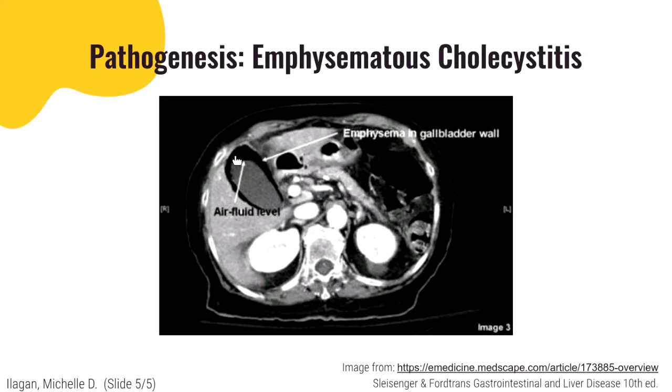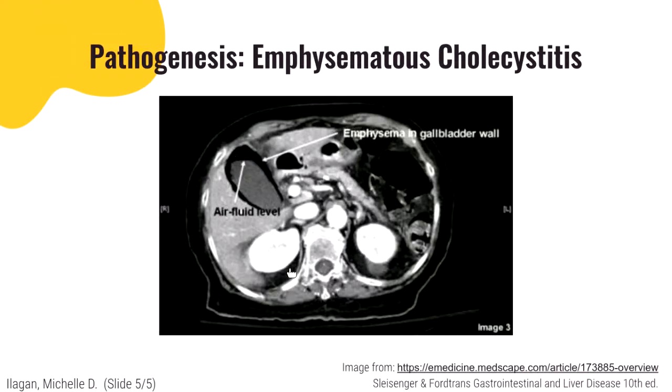The microorganisms commonly isolated are the Clostridium species, E. coli, and Klebsiella. Although the intramural gas observed in the patients with emphysematous cholecystitis seems to result from gas-forming bacteria, whether these bacteria represent the primary cause of the disorder or are secondary invaders remains unclear.